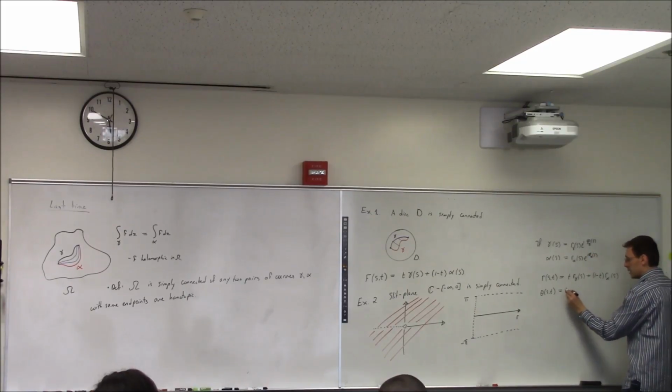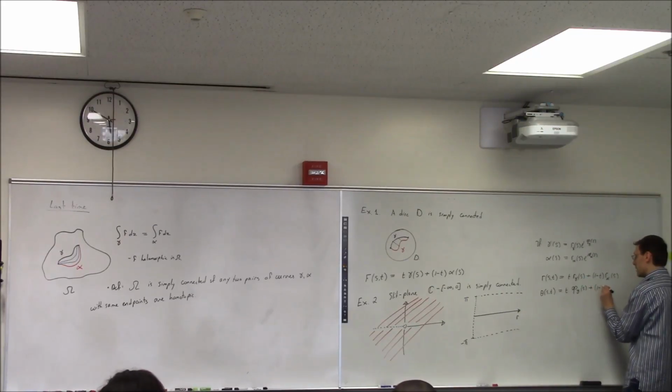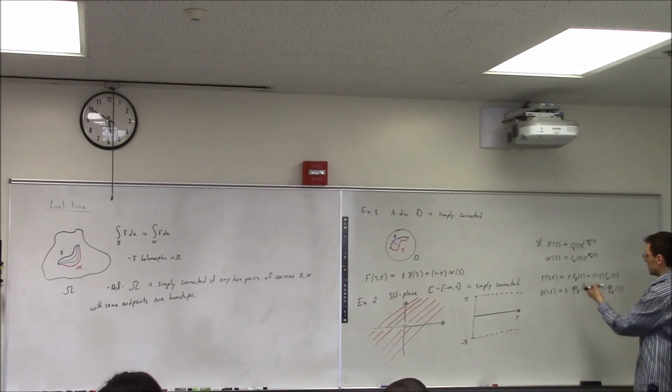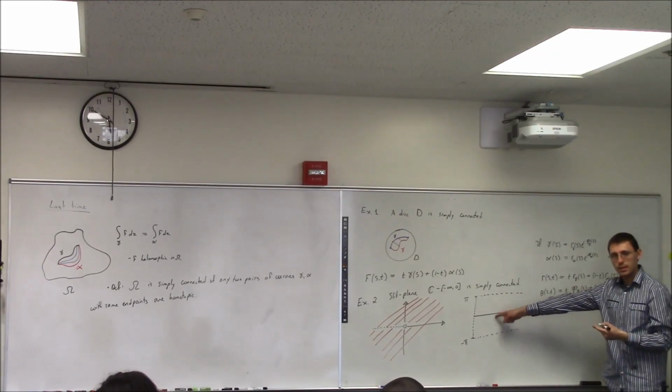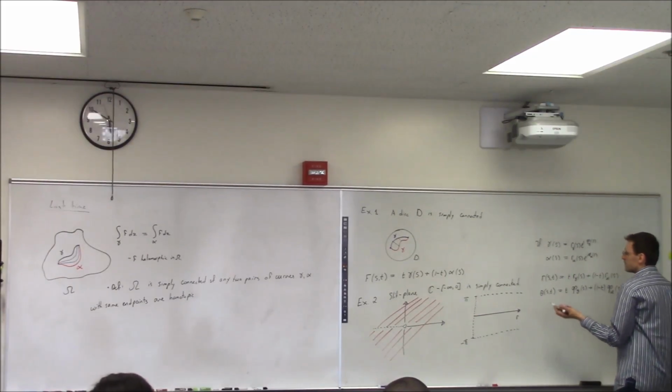So that would be t phi sub gamma of s plus 1 minus t phi sub alpha of s. Right? So those are the homotopies that are corresponding to the curves in this region.